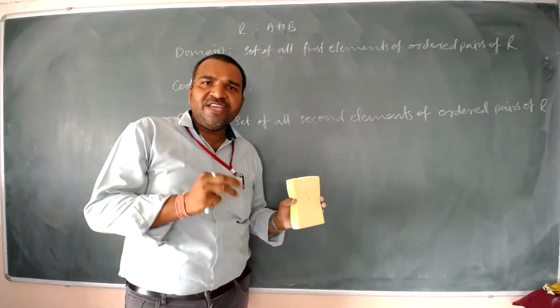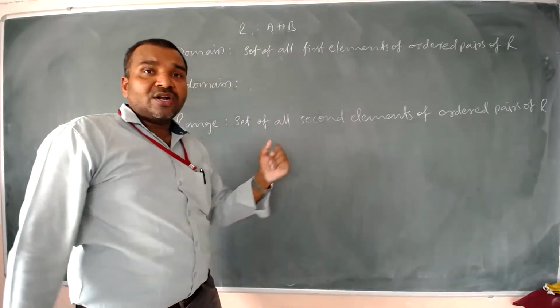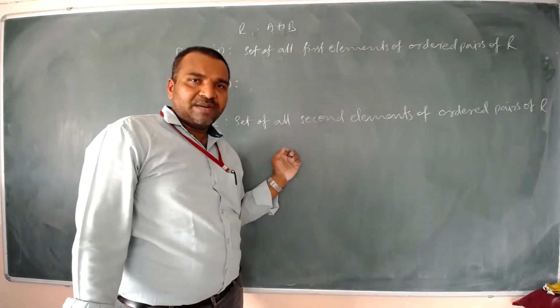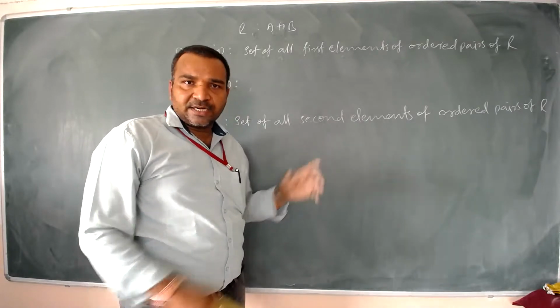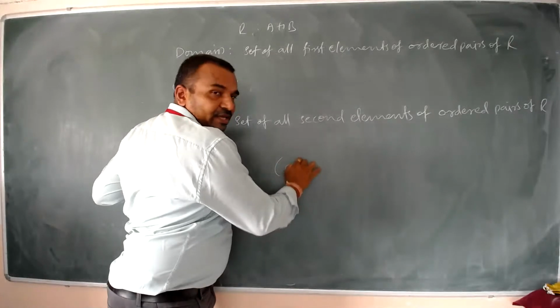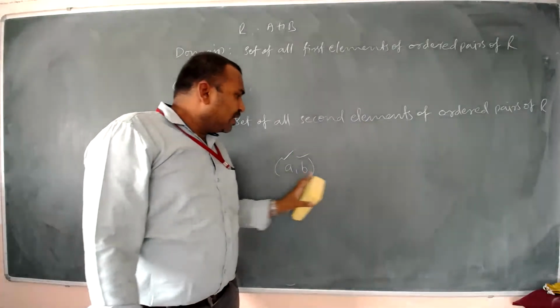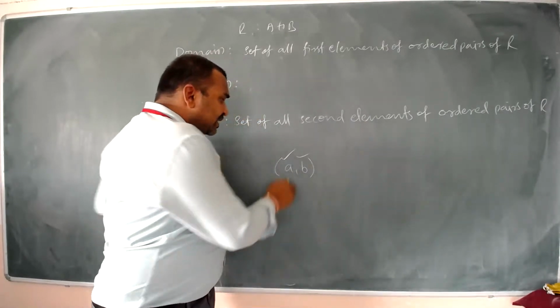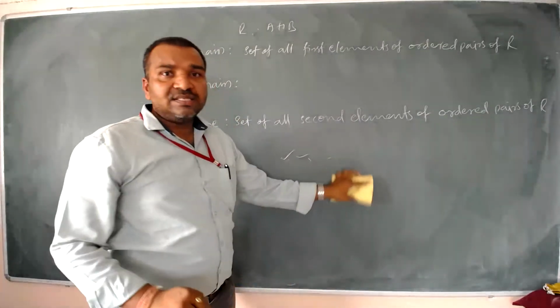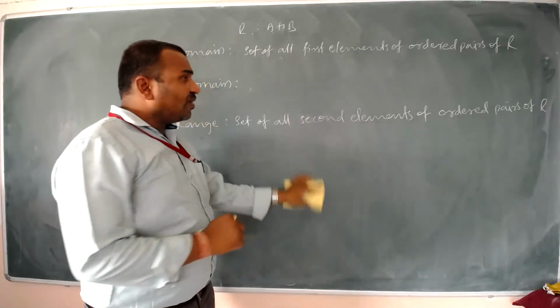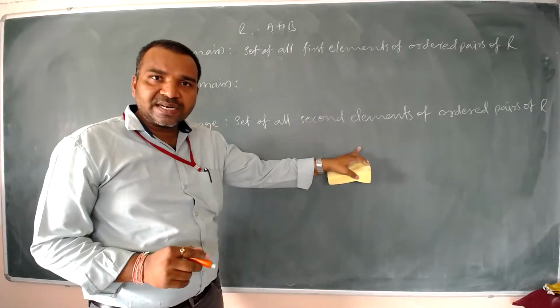In an ordered pair there are two elements: the first coordinate and the second coordinate. In A comma B, this is the ordered pair, this is the first coordinate, this is the second coordinate. So in all the ordered pairs, the set of all first elements is the domain, and the set of all second elements is the range.